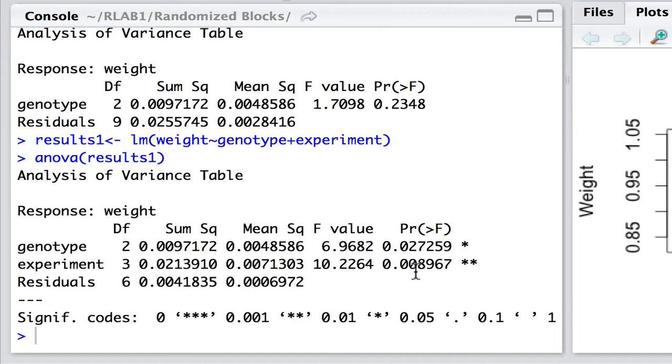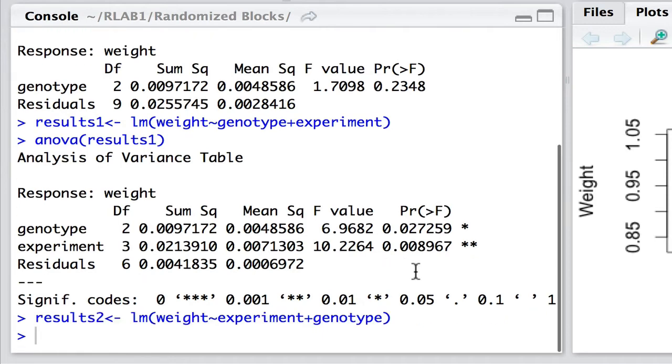Now you remember that R conducts a type 1 sum of squares analysis of variance by default. And you might wonder, well, would we get the same if we change the order of entry of experiment and genotype into our model, rather like here if we fitted a model with experiment first and genotype second?